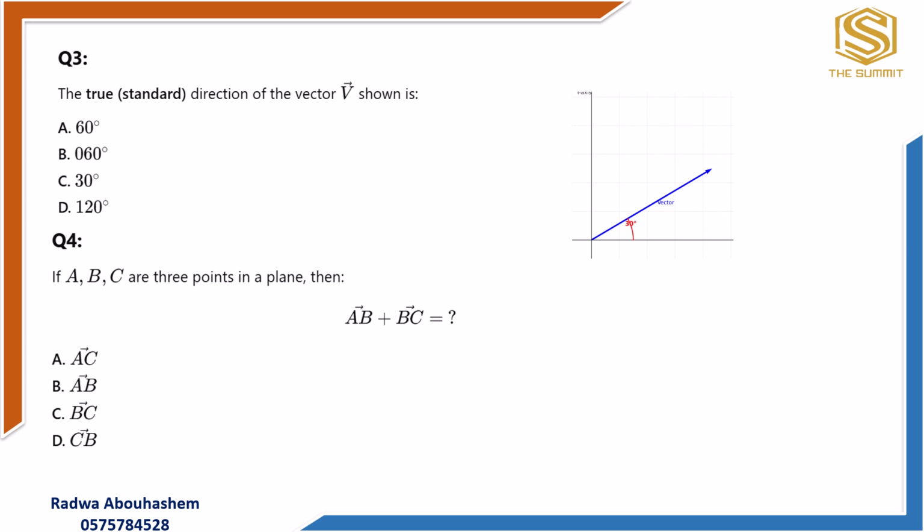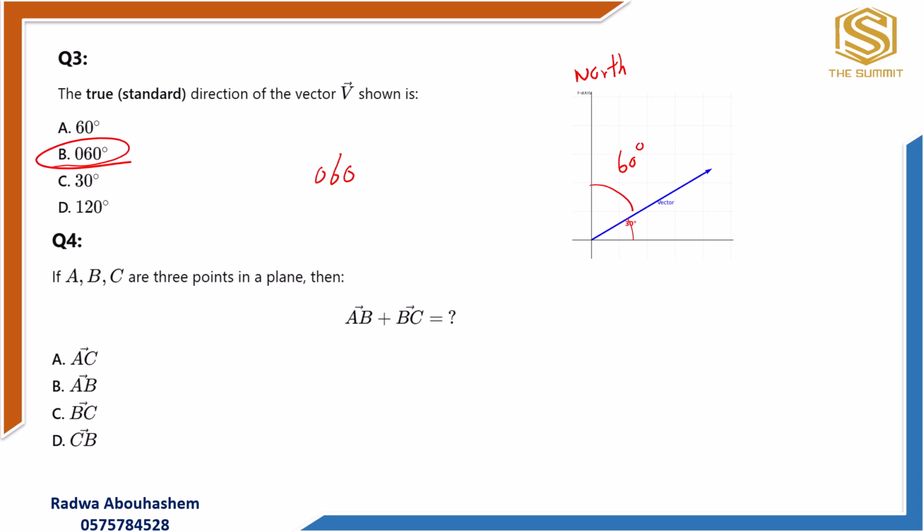Next, the true standard direction of the vector V. True pairing starts from the north, and I have to take the angle included between the north and the vector, so this is 60 degrees. And you remember that the true pairing should be with 3 digits, so it would be 060.